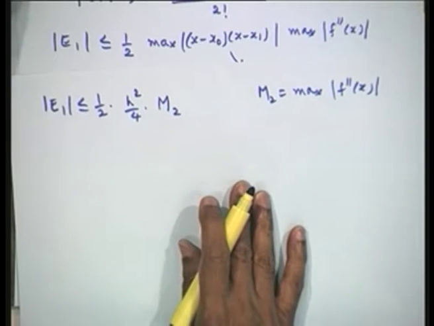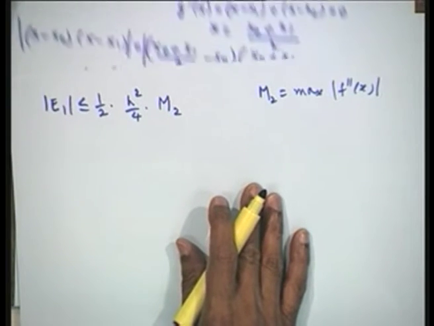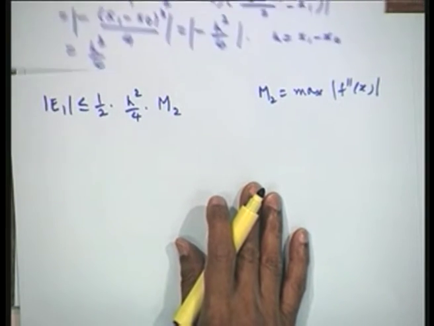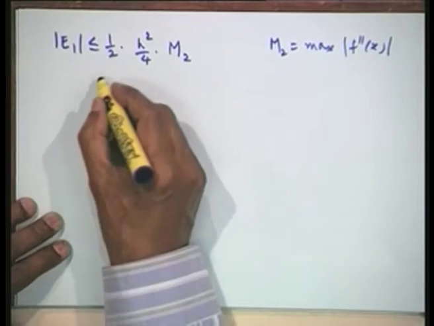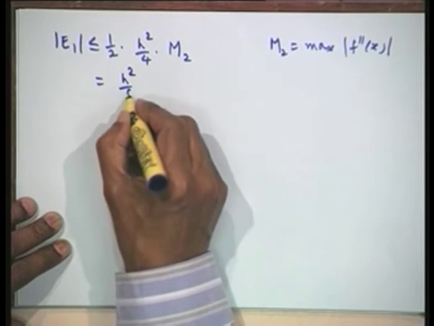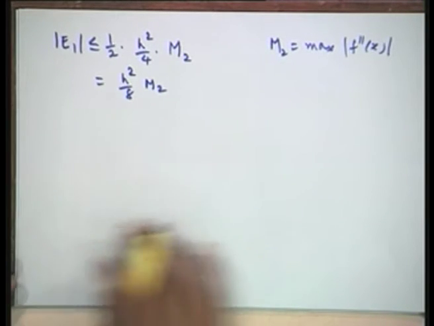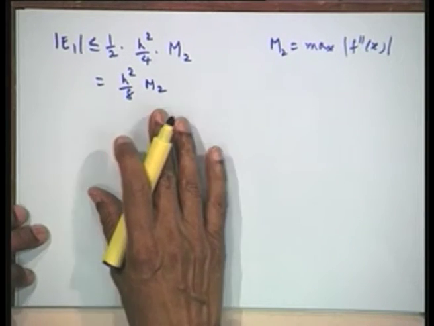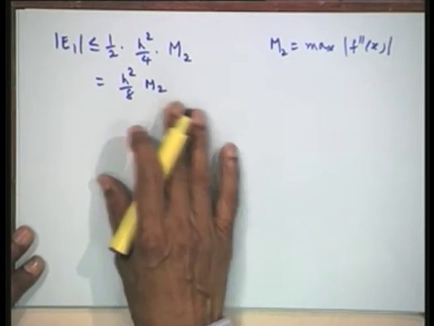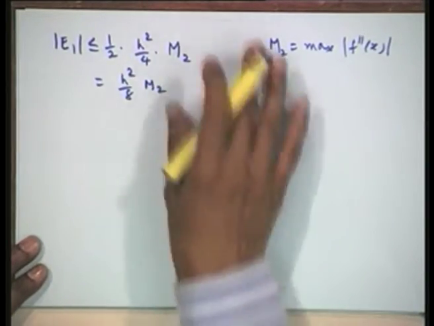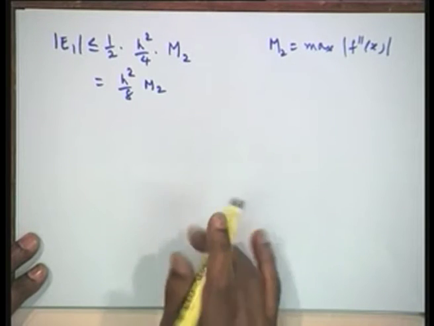We do not know what is f double dash x, therefore, we need to have an estimate through some other source. This is equal to h square by 8 M2. This result can be used in many problems where we need to find the step length h to construct a table. When we take up the problem, it is illustrated.